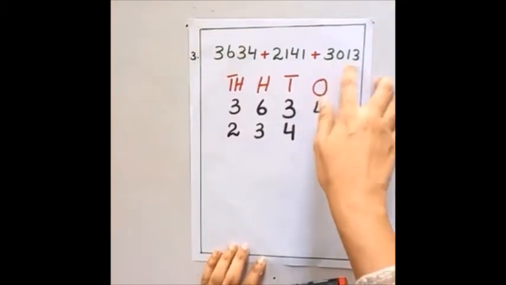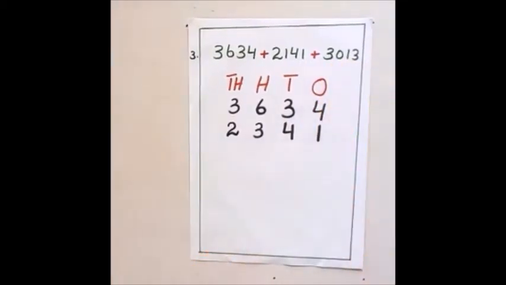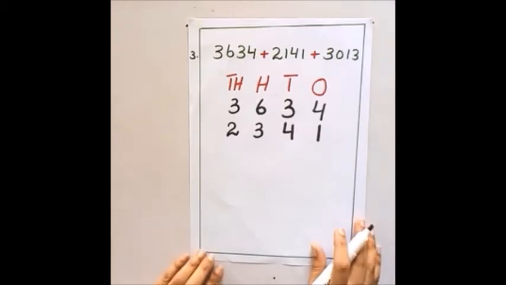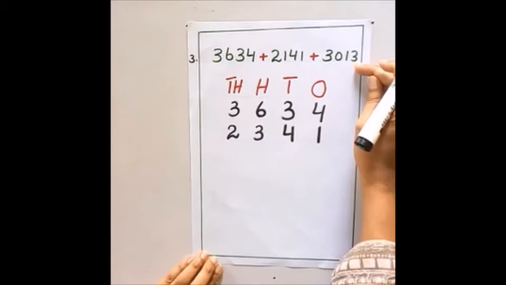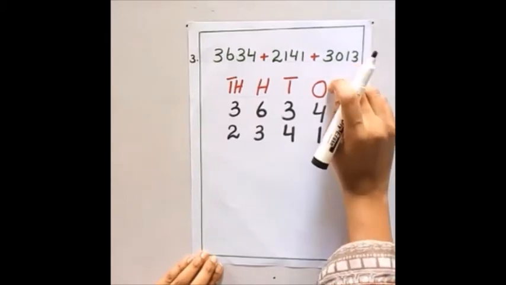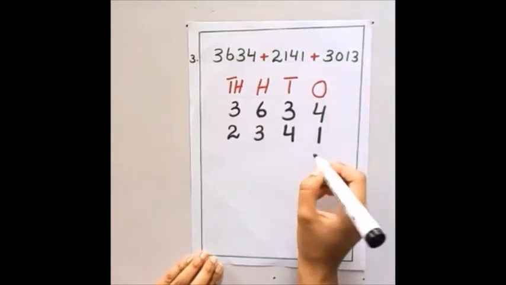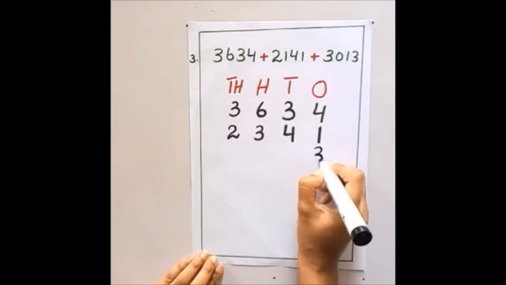Then in these numbers we have to recognize which number we will write under the 1000 place, which number we have to write under the 100 place, in tens place and ones place. So we will see that in this number 3 is under the ones place, so we will write 3 under the ones place.